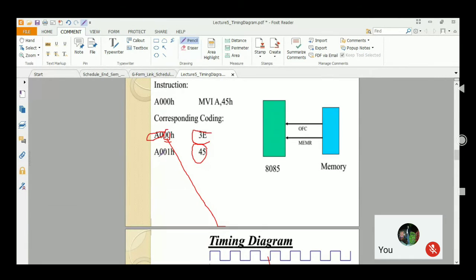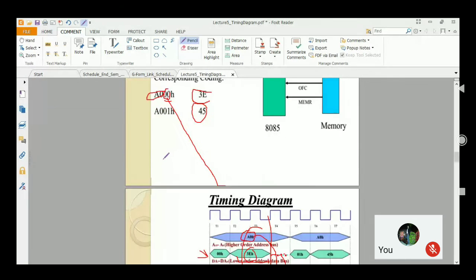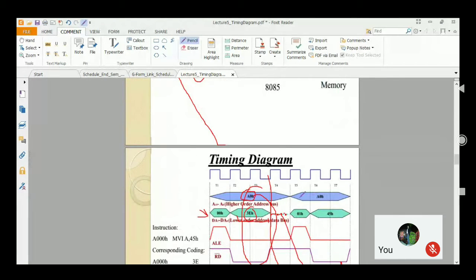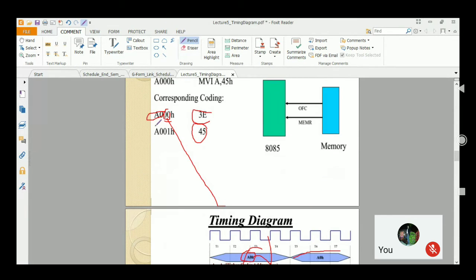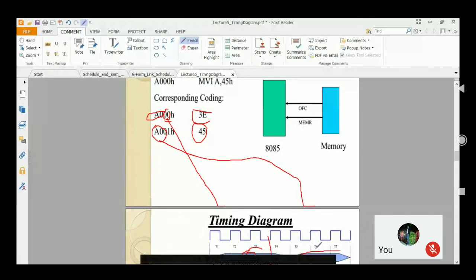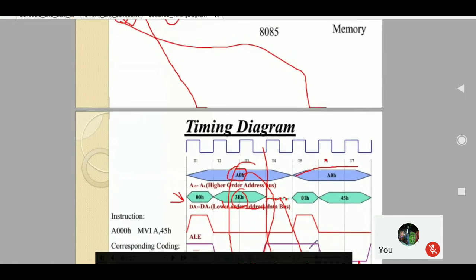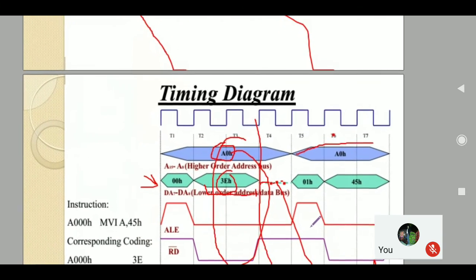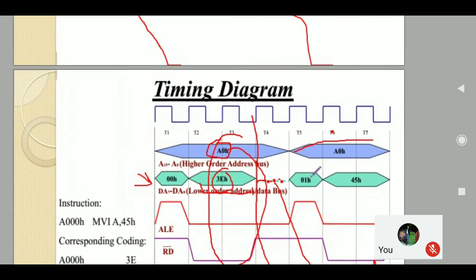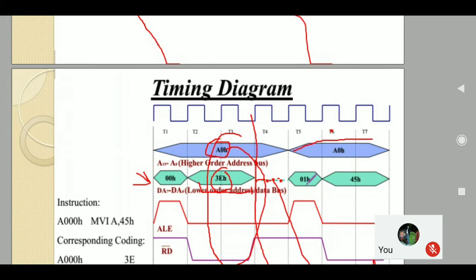After one clock cycle, the next instruction is loading this particular number 45 to a particular address, and this will be from T5 to T7. This will be high here, and again this is high. Then again it goes low, and ALE goes high because I want to generate the address bus.